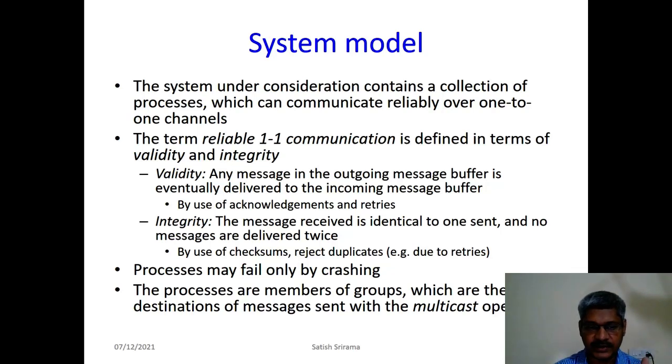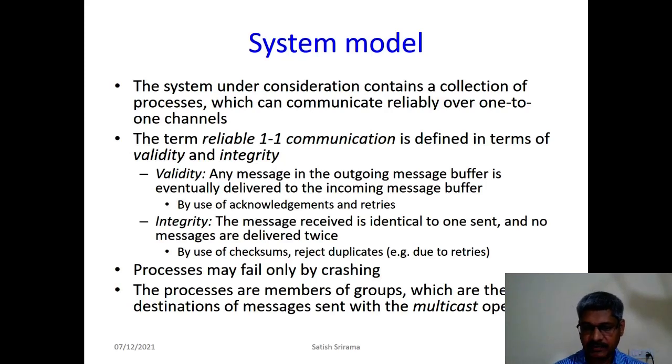That's about validity. You can also achieve integrity. The message actually received is identical to the one which is sent, so that means no tampering has happened with the message. And then no messages are delivered twice. If a message is already received, you need to be able to drop it, so you are rejecting the duplicates, and duplicates most often come because of multiple tries.